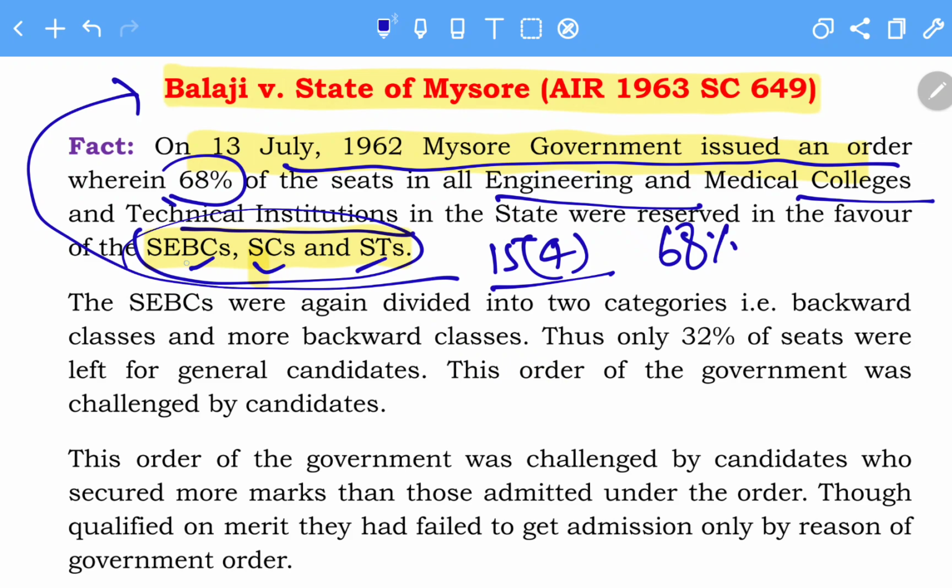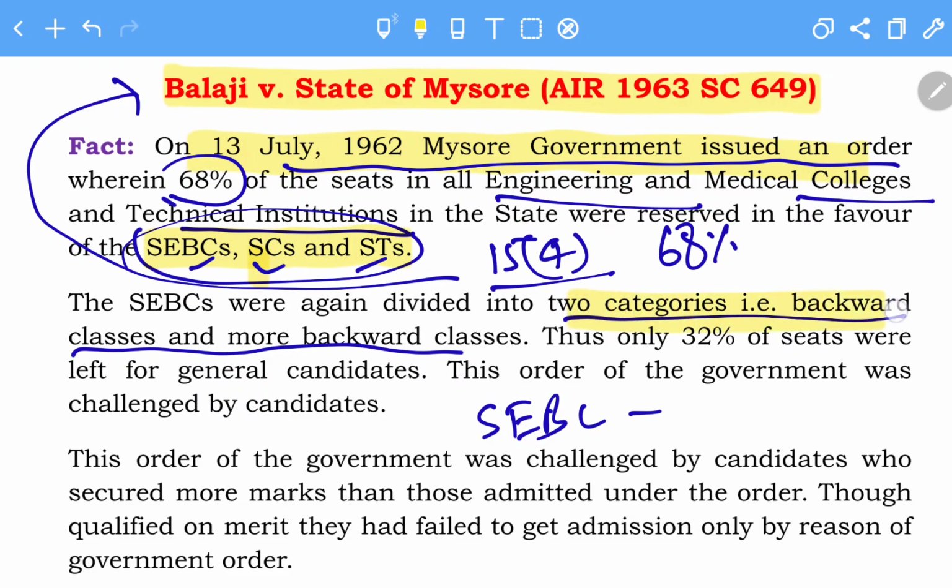Now this category of SEBC was further divided into two more categories, that is, the backward class and the more backward class. And thus the total number of unreserved seats was 32%, where only general candidates can participate.